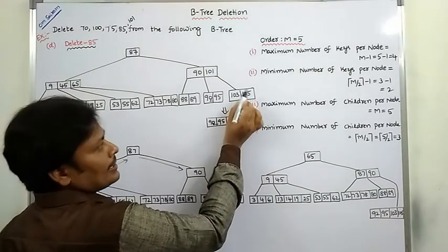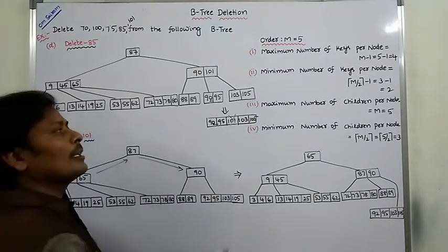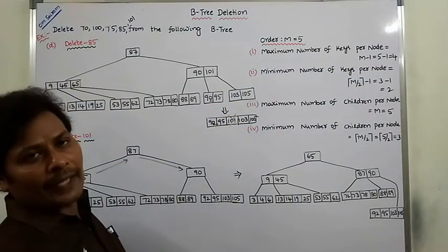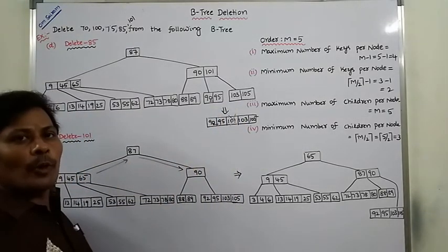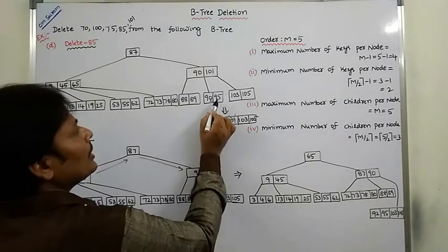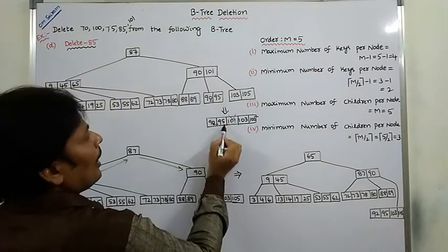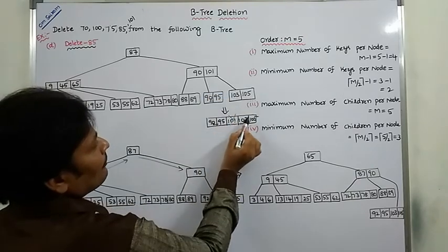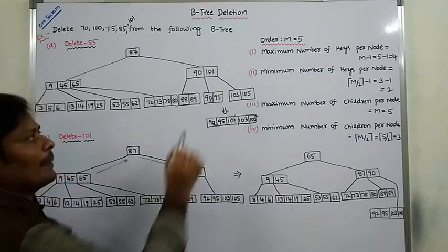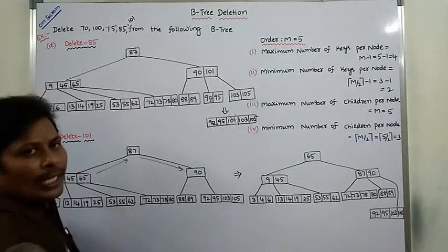Go for the in-order successor, which means consider the right subtree. This node also contains two key elements, the minimum number, so that is not possible. At that time we have to perform the merging operation through 101. So 92, 95 and 101, 103, 105: we have to merge including its parent, which is 101. So after merging, 101 is deleted.